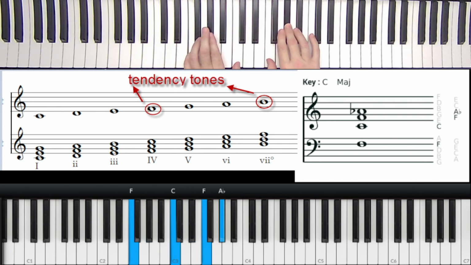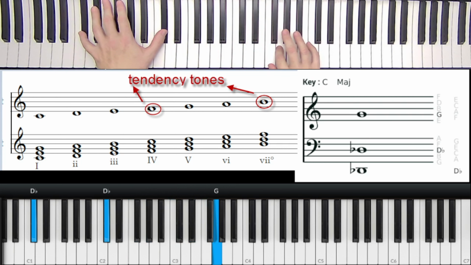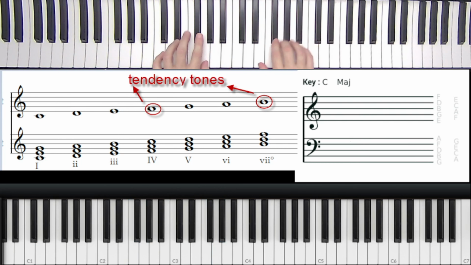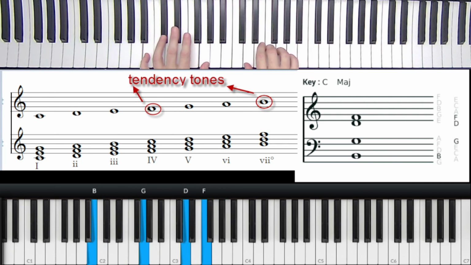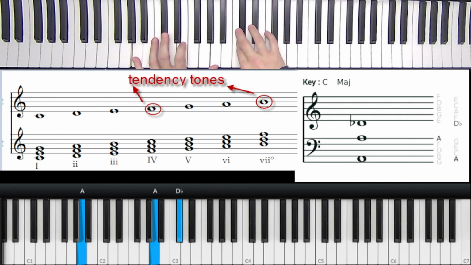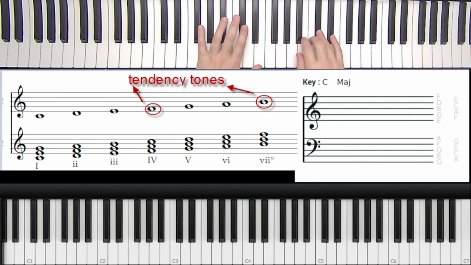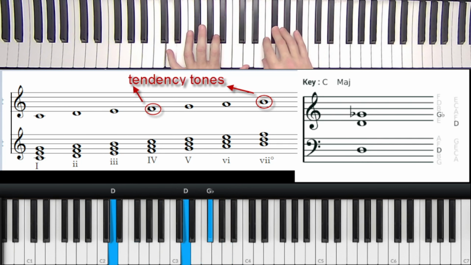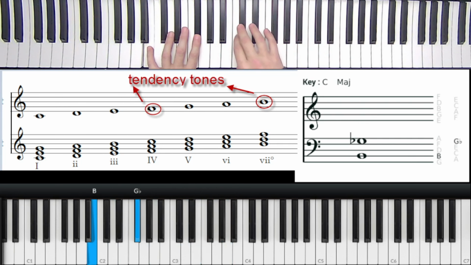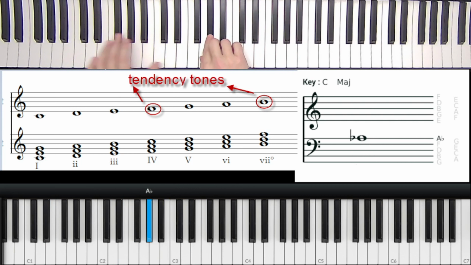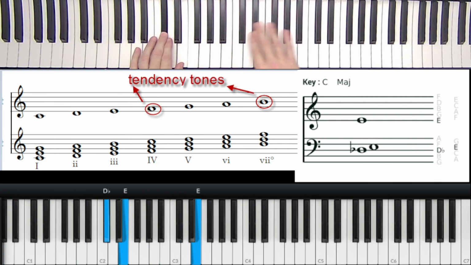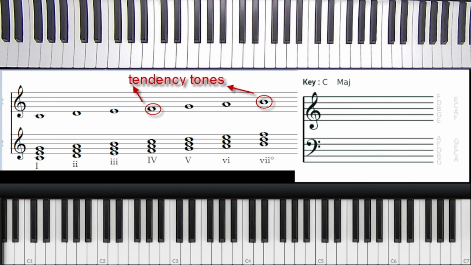Shift again to another Ionian root. Let's shift again. Go back to A. And truthfully, it's very easy to wander around and modulate from one Ionian to the other.